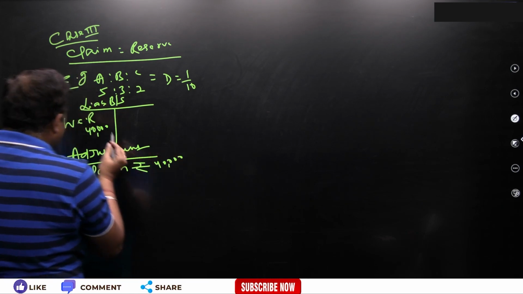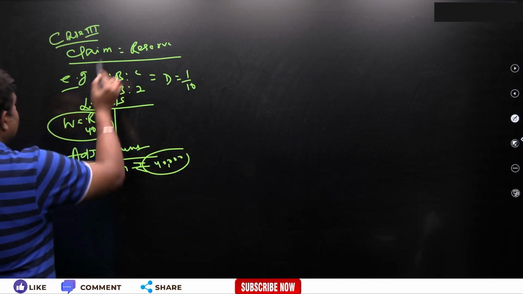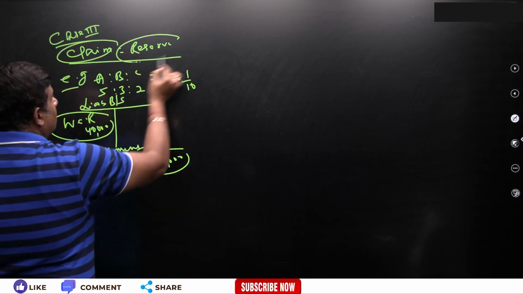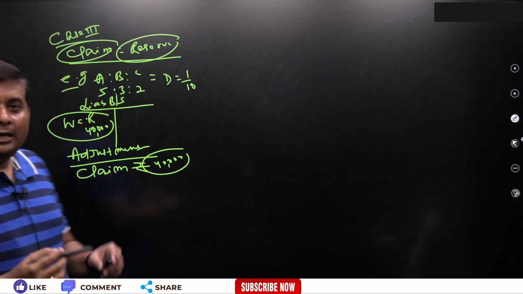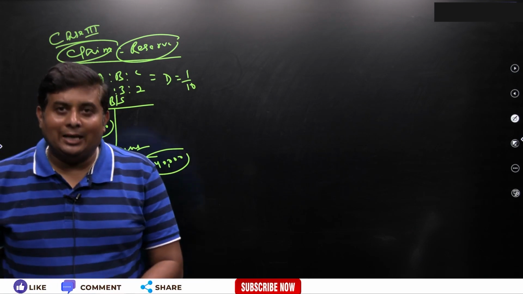So here you can find this is your available reserve and this is your claimed amount. Can we say the claimed amount here is equal to the workmen compensation reserve? So the entire amount has to be transferred to adjust the claim, right?